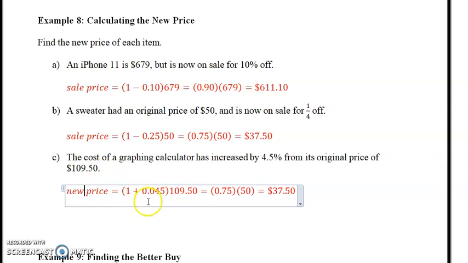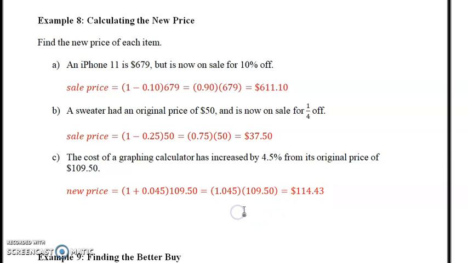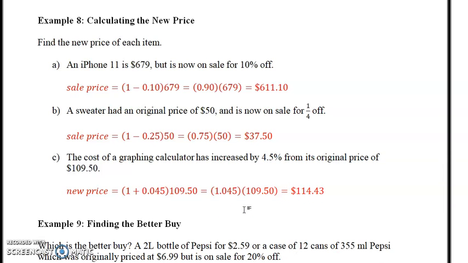So the 100% of the original price plus the additional 4.5%, so we get 1.045 multiplied by the 109.50. And we'll do that on a calculator. 1.045 multiplied by 109.50, and we get $114.4275. So that 2 is rounded up to a 3, so it's $114.43.